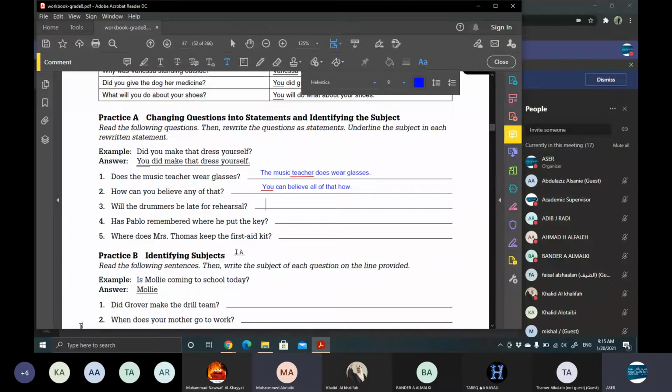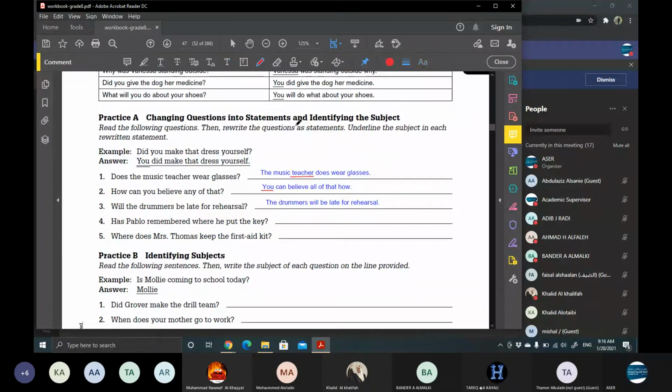The drummers will be late for rehearsal. And at the end, what? Where is the subject, Muhammad? Drummers. Bravo, Muhammad. Very good. Excellent. So drummers is the subject.